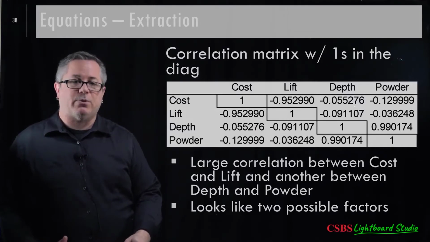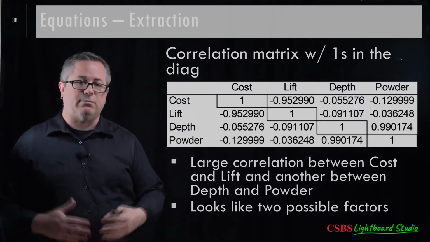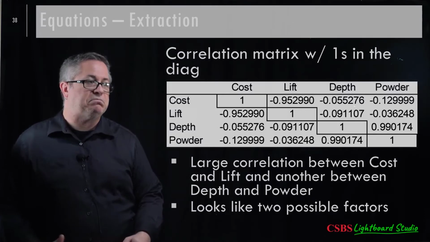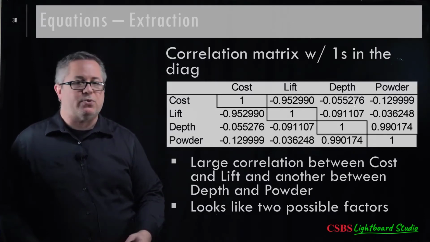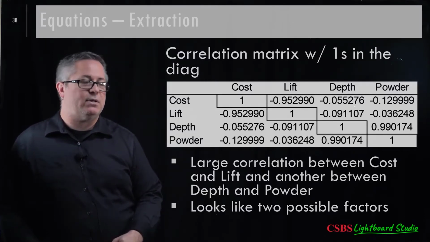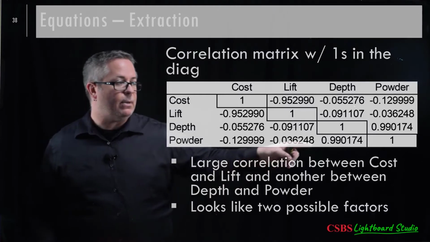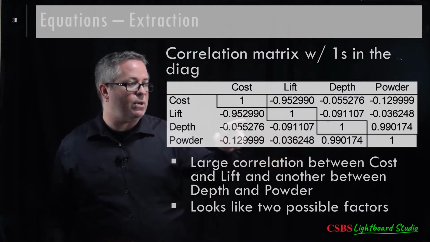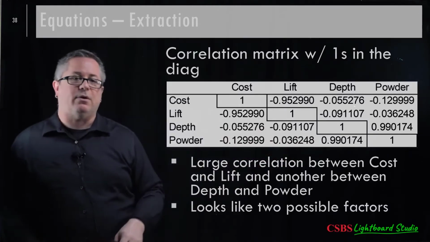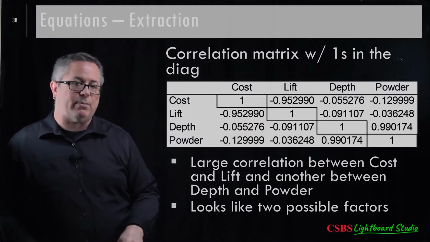So the maximum we're going to be able to extract is 4. We can come back with 4 factors, but it's pretty boring. So we're going to try to explain these correlations with something less than 4, hopefully in this case 2, if my prediction is correct, that we have 1 large correlation there and 1 correlation there. It's likely to come back with 2, identifying those 2 separate patterns.